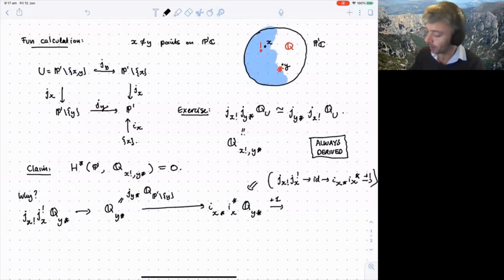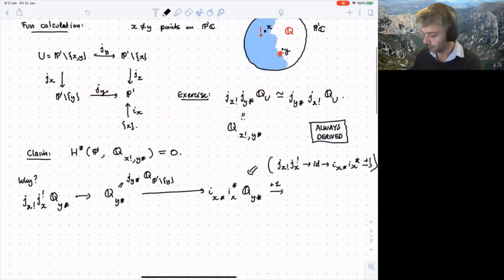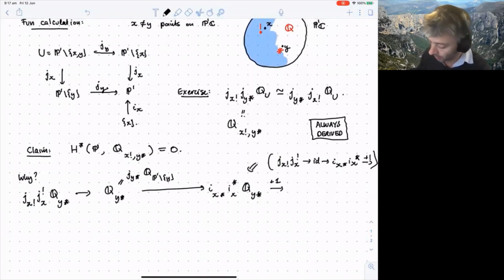Okay, so I'm just applying this distinguished triangle to this object that I'm calling QY star, and I'm getting a distinguished triangle. Okay. So now we have a long exact sequence of cohomology.